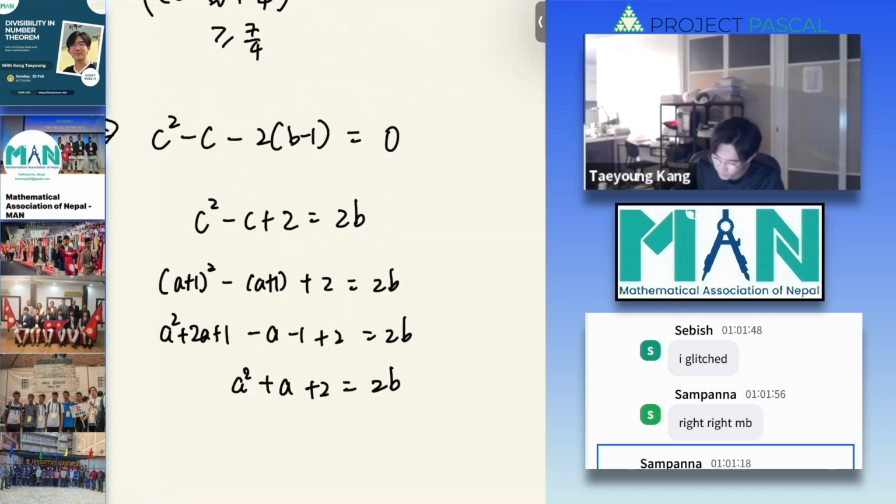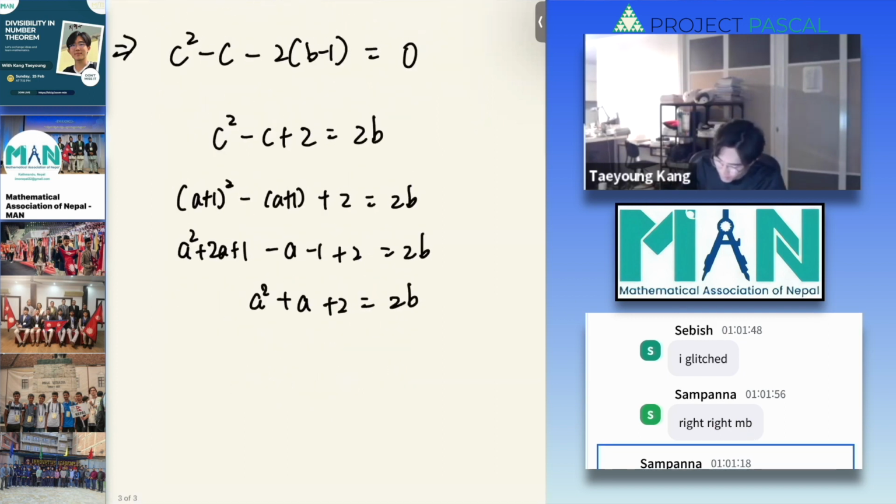So as long as a is even, there is always a solution to b.